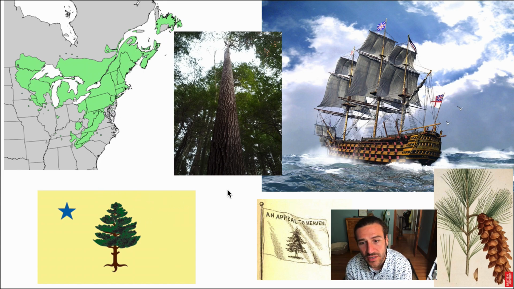So the eastern white pine, for example, was a prime tree species that the naval fleet of Britain wanted to gain access to. Because there were limited materials, the only substance that they could create their masts from was actually single trees. So these eastern white pines grow really straight and really tall. Those are perfect for the masts of these ships.